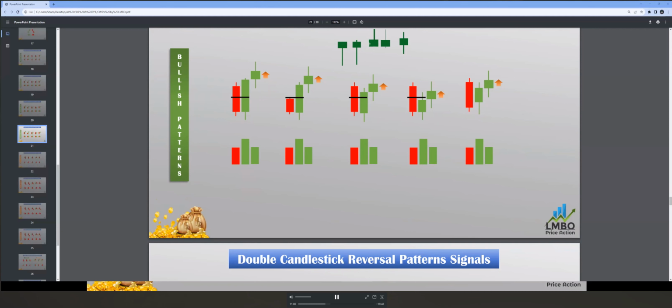After the pattern, immediately we are not trading. We are waiting for the 1 minute. And when these candlesticks appear, then we will go for the trade.